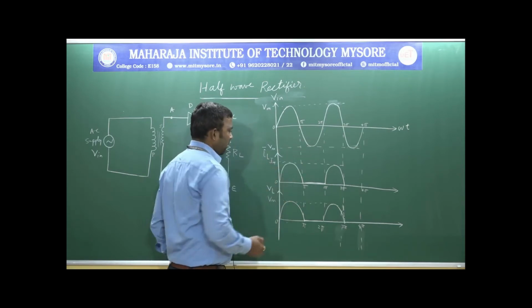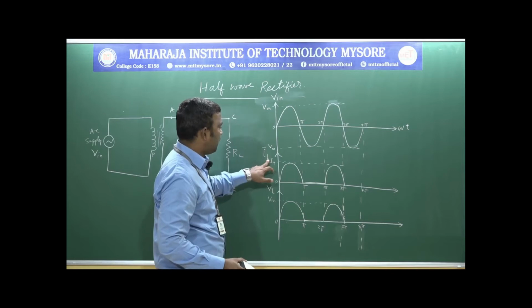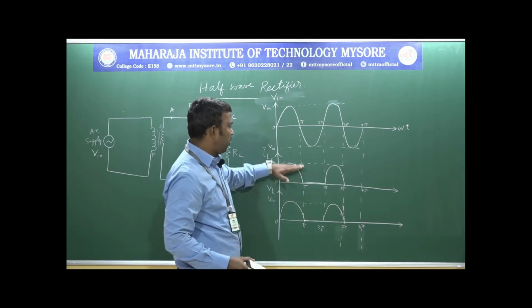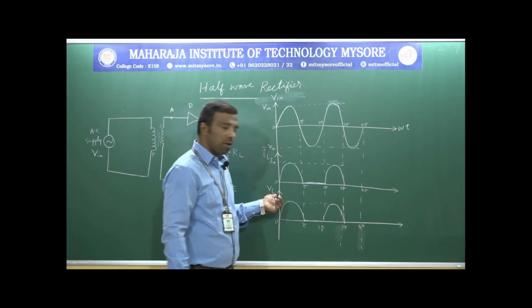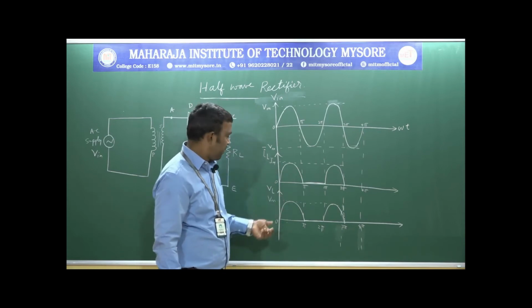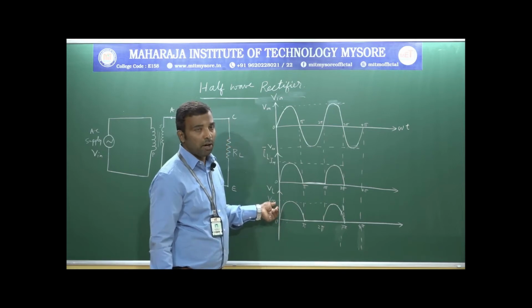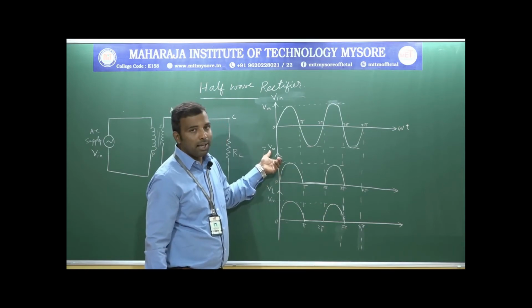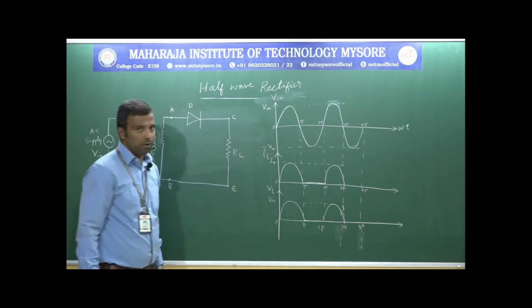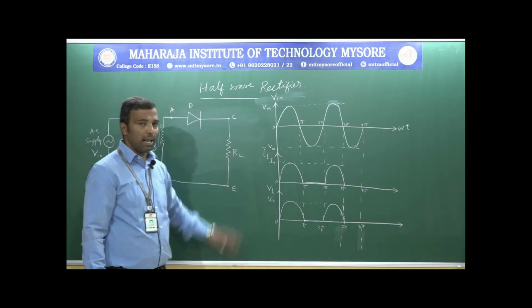The current is represented by IL and its maximum value by Im. Similarly, VL is the voltage across RL with maximum Vm, and Im is the maximum current of IL which flows through the circuit and RL.